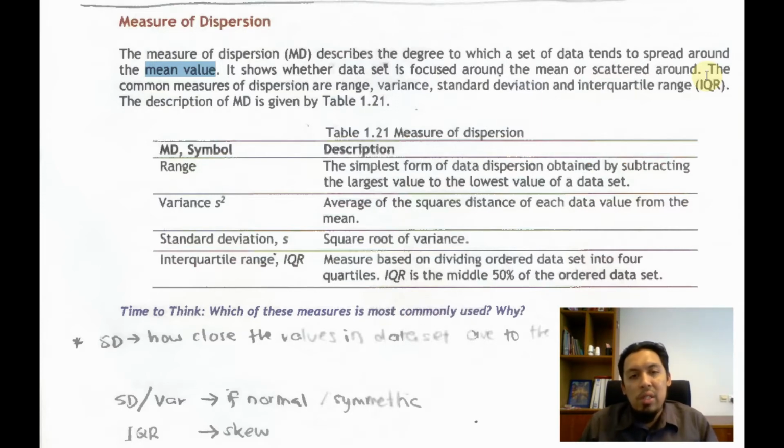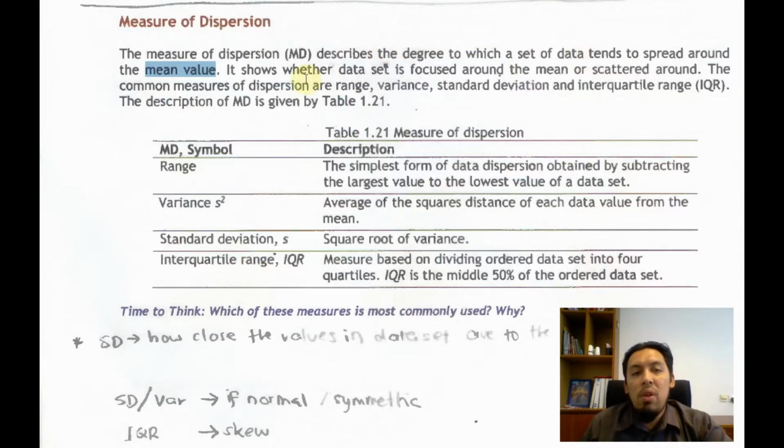So basically we can say that the data set focuses around the average. So most of you, your CGPA is actually around the mean.